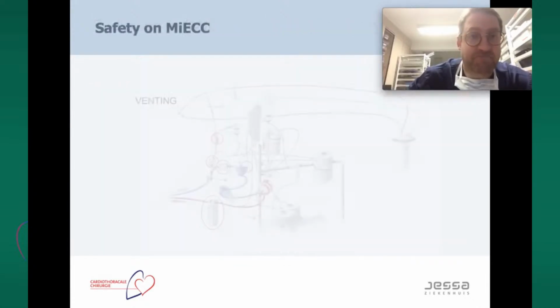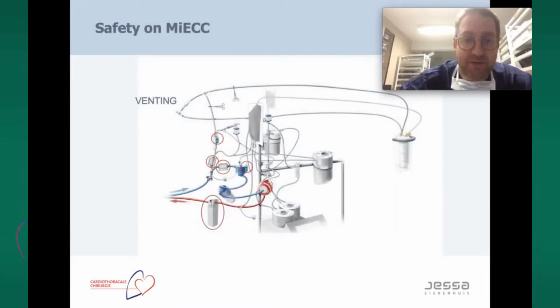So safety on MiECT, what you see here is we have a bubble sensor. We have a 1/4 bubble sensor below the drip chamber from the root venting. If there is some air there, you have the air pressure control in your venous line. If there is air, it will be automatically evacuated with a level sensor on.